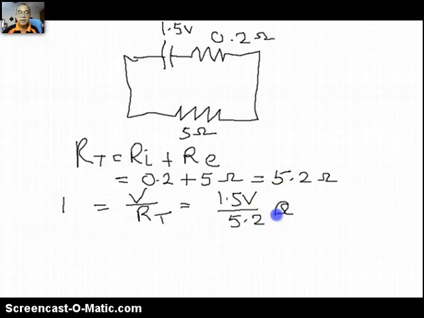You will get your answer as 0.288 amperes.